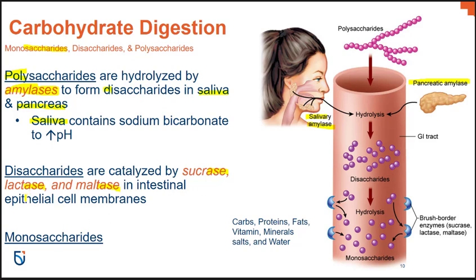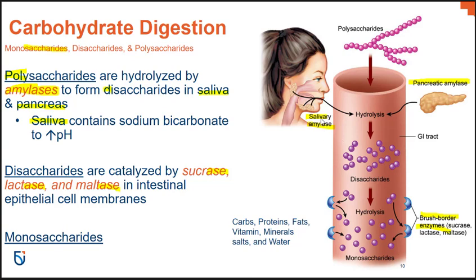Lactase will break down lactose, OSE as a suffix refers to sugars, and maltase will break down maltose. These enzymes are actually called brush border enzymes, as indicated on this image, because they're located in the cell membrane of epithelial cells within your digestive tract, and their presence then, of course, will help break down disaccharides into monosaccharides.